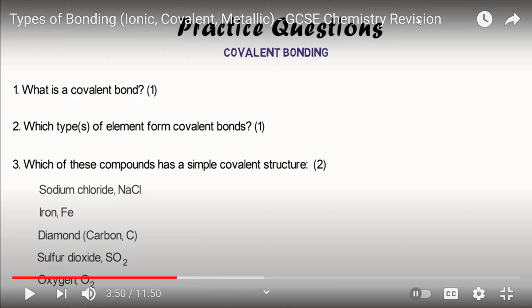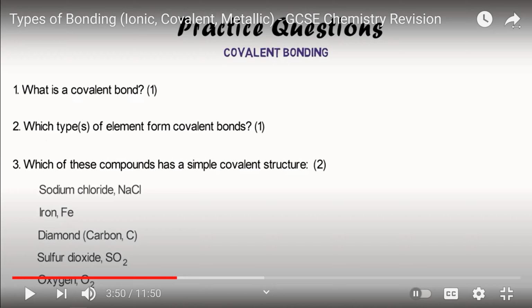Read what is written here. Fida, you there? Sir, non-metals.